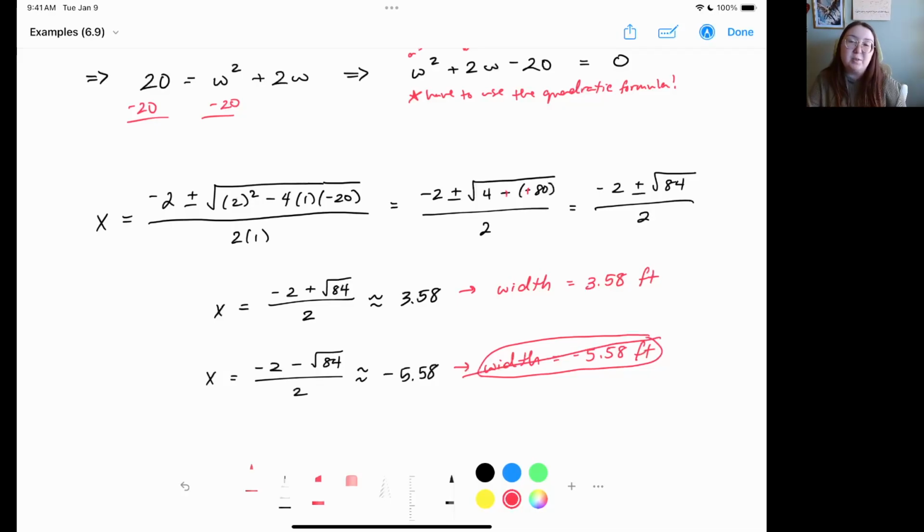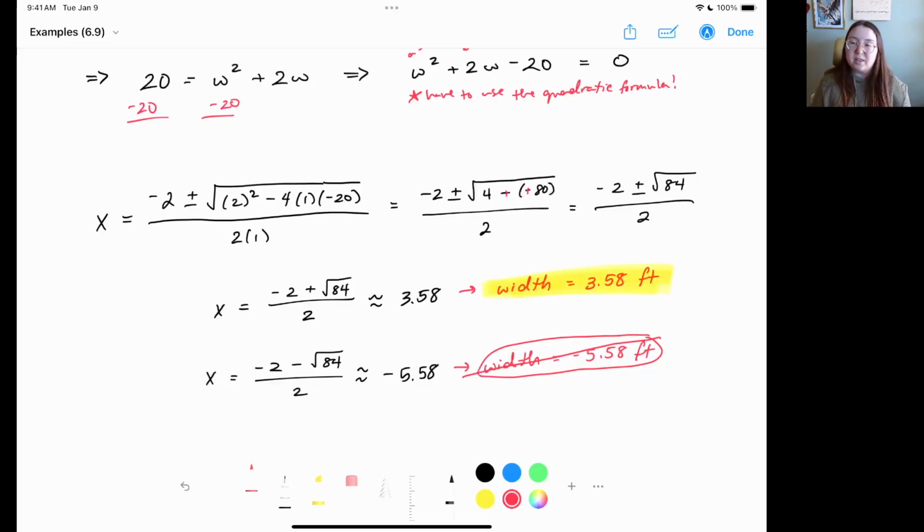And that is most likely what will happen. One is not useful, because for this type of example, we only want there to be one width. We don't want to have two different answers. We want to just have one. So negative 5.58 feet just doesn't make sense. So that means that 3.58 feet is what we'll use for our answer.